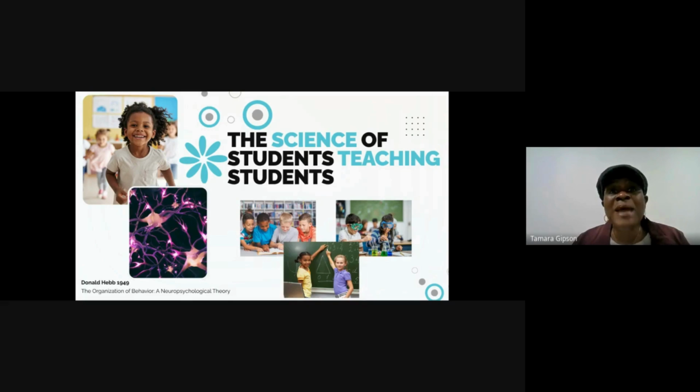Peer tutoring is powerful because of what happens inside their brain. When students explain concepts, teach steps, or talk through reasoning, they activate multiple cognitive systems at once. This multi-system activation accelerates neural pathway growth. In 1949, Donald Hebb found that neurons that fire together wire together.